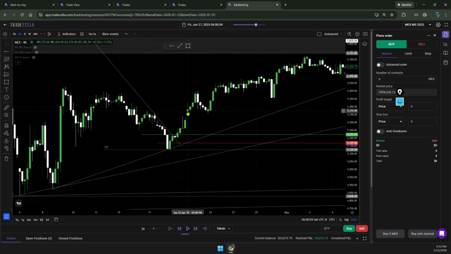This one, obviously above it, but because of the candle type, I'm not excited about that. I don't want it. So I'm probably going to wait until we get to this guy. And I'm going to move my stop to just below that guy. And now I got knocked out. But I made that much profit.